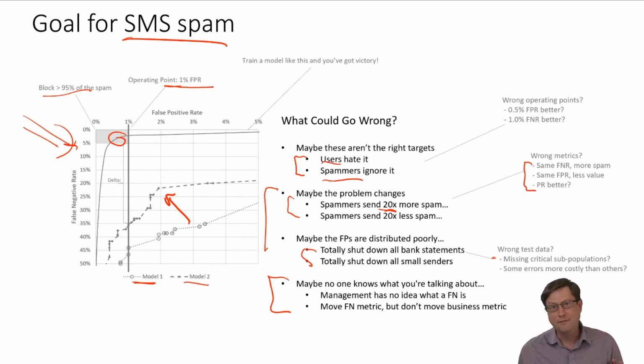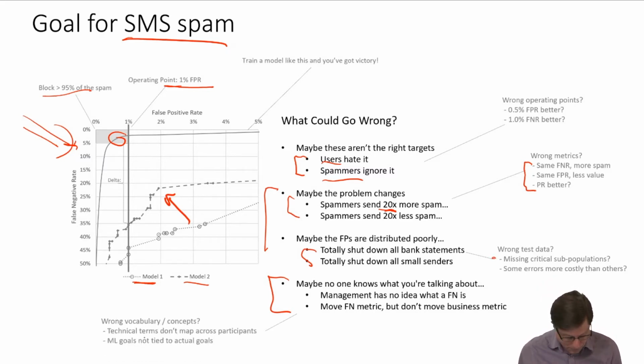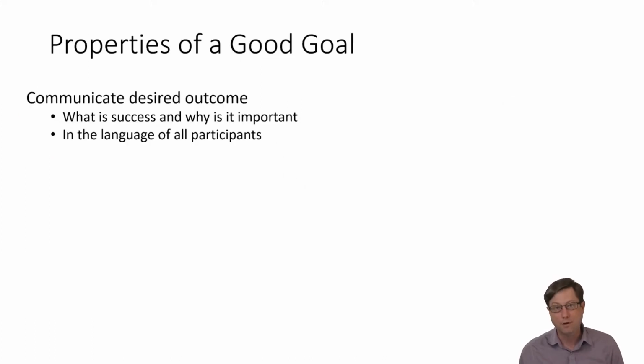But if they don't think through what you're really saying and what the implications are, at the end, it really is only going to hurt you. So these technical terms don't map well across all the participants. And the machine learning goals, as we'll see, really aren't tied to what this product is trying to do. It's not trying to do false positives. That's not what you're selling to customers in any sense of the word.